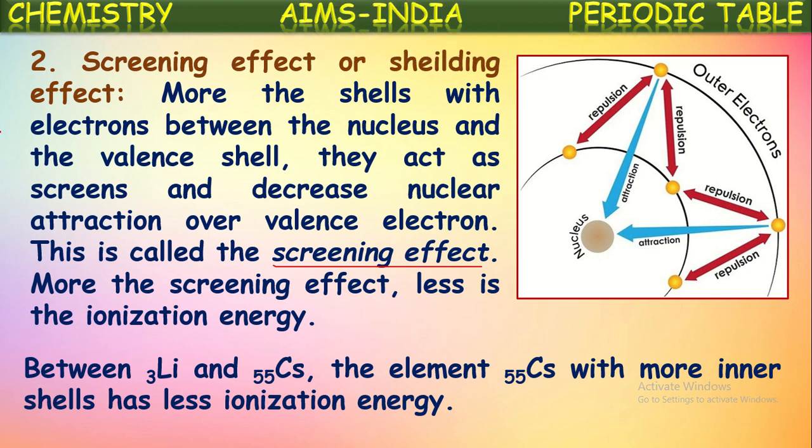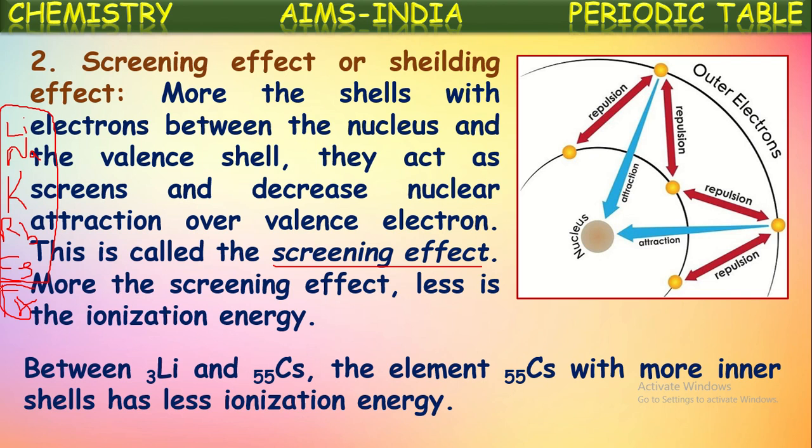But if you observe their number of shells, we know lithium, sodium, potassium, rubidium, cesium, and francium. Of course, francium is a radioactive element. Now till cesium, let us see. Among these elements, all belong to the same group. But from lithium to cesium, the number of shells increases.